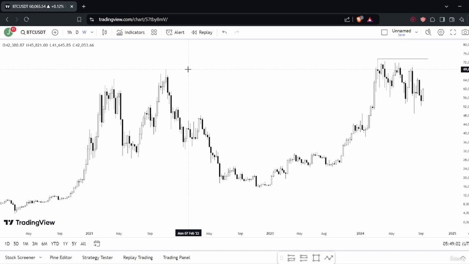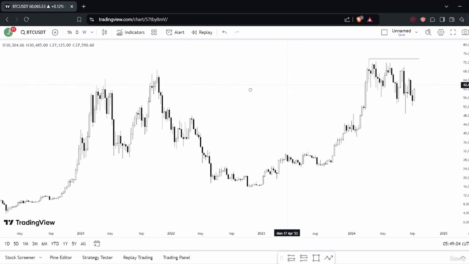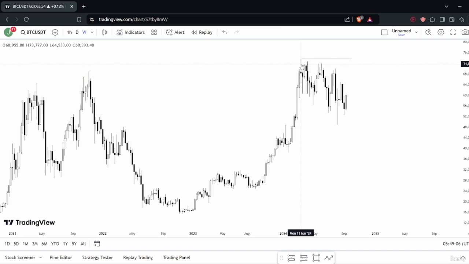Now that we know what a swing high is, we have this swing high over here. So this has a ton of liquidity. Why? Because people put their stop loss at swing highs.